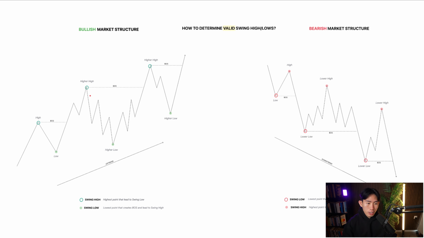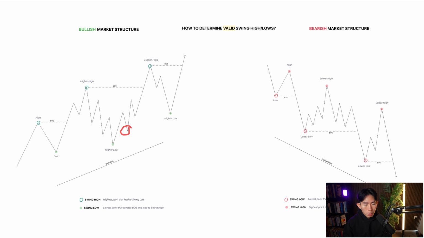Swing high is the highest point that led to the pullback to start, right? It's usually situated at the start of the pullback itself. And then swing low is the lowest point before the continuation of the move itself, right? So when you're looking at a break of structure just like this, you can immediately identify your swing high as the highest high that caused the start of the pullback, and the swing low as the lowest point that caused price to break structure.